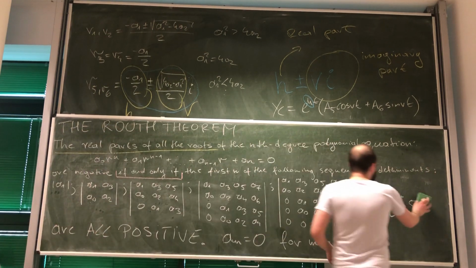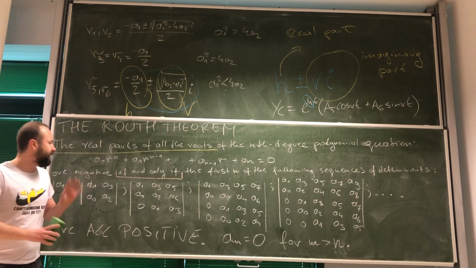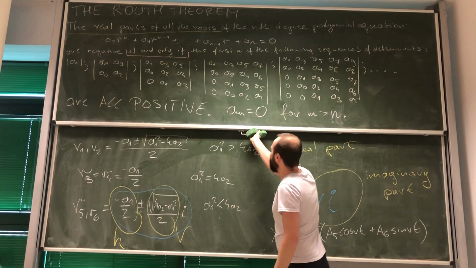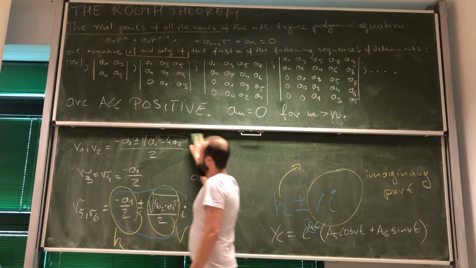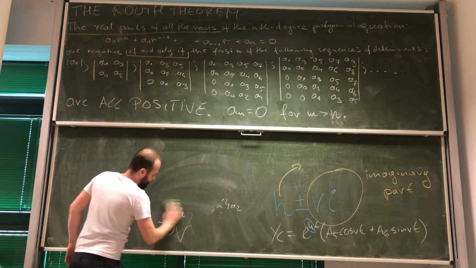Okay, look, let's just do a very simple example, and I think that this theorem will become very clear to you. Okay, so what do we do over here? Okay, give me a second.